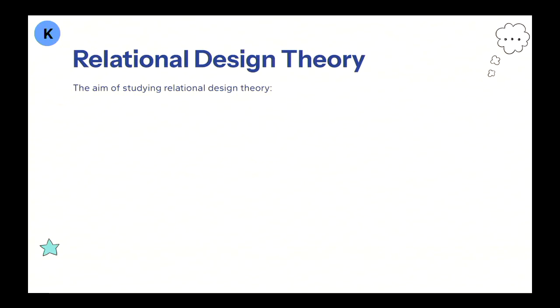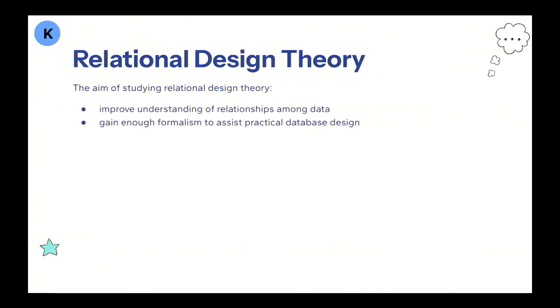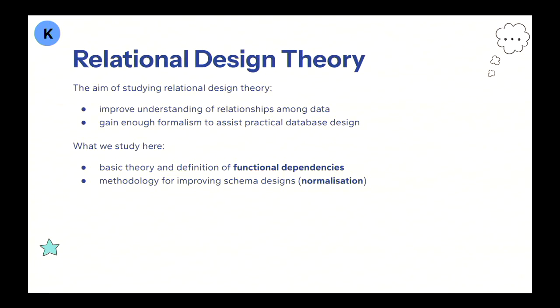So why do we learn this relational design theory here? The aim of studying the theory here is twofold. First, we would like to improve our understanding of relationships among data. And then we also want to gain enough formalism to assist practical database design. So this is why we learn this. And what we will learn here is the basic theory and definition of functional dependencies and the methodology for improving schema designs.